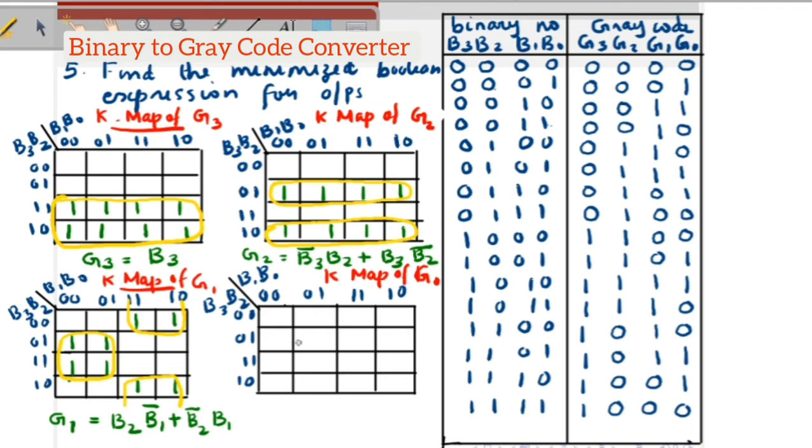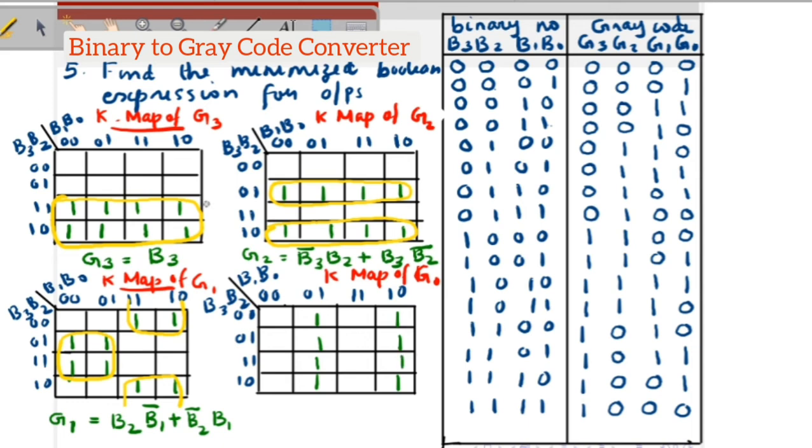Okay, then next we can find the expression for G0. So G0 is equal to 1 for 0 0 0 1, 0 0 1 0, 0 1 0 1, 0 1 1 0, then 1 0 0 1, 1 0 1 0, then 1 1 0 1, then 1 1 1 0.